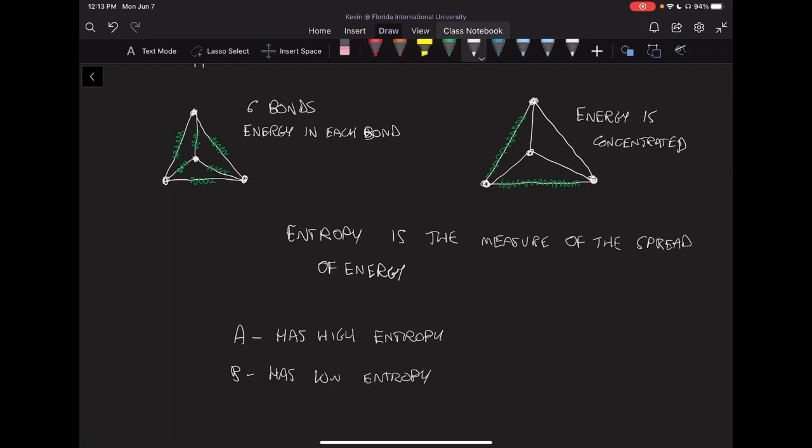Essentially, if the energy is very concentrated in one spot, we have low entropy. Once the energy spreads out in a system, we have a higher entropy. So we start with a low entropy and go to a higher entropy as it spreads out. Low entropy means concentrated, and high entropy means spread out.